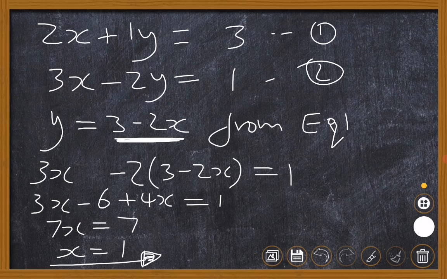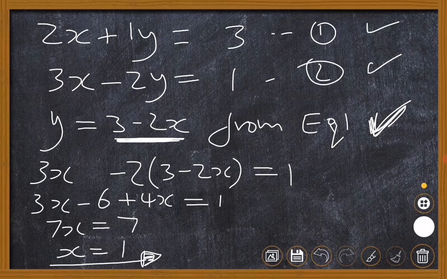For y, we can substitute into either equation to find what y is, or you can just plug it in, because you already have the expression. So y is equal to 3 minus 2 times 1, because x is equal to 1. So y is also equal to 1.